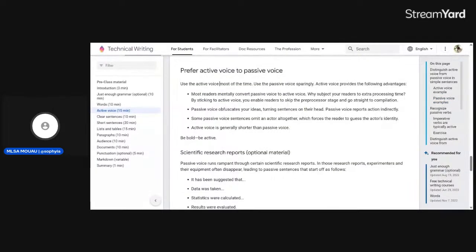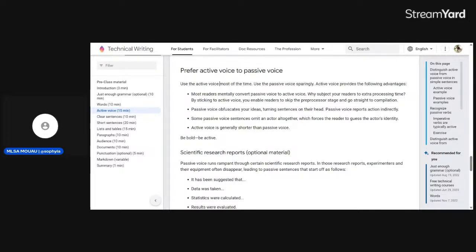Another point is that passive voice obstructs your idea. Most times passive voice not only confuses your reader, but also confuses the information they're trying to pass through.